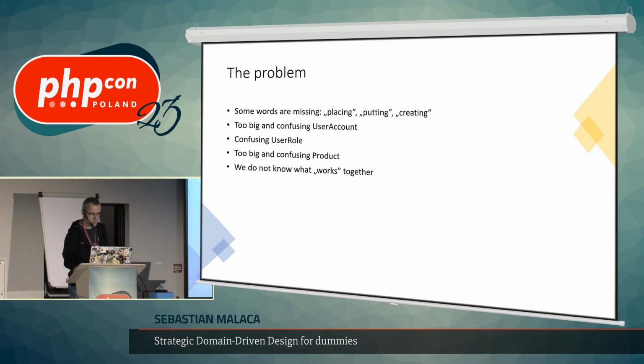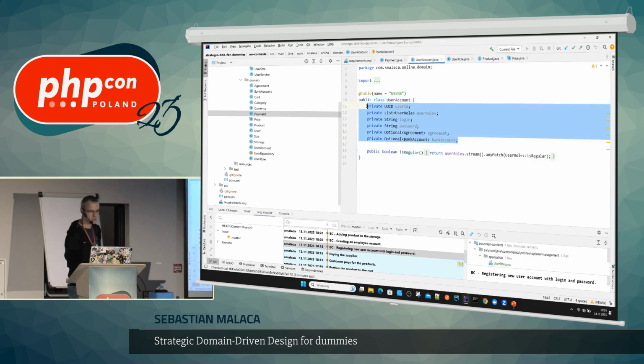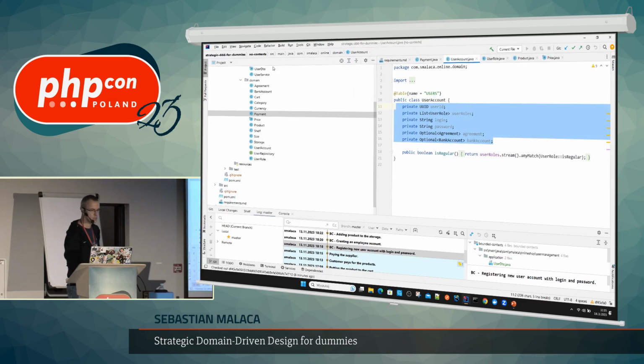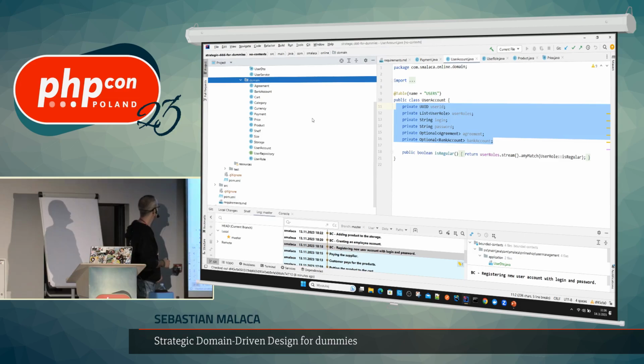And the last, we do not know what works together. So I just explained that on the level of product. I just explained that on the level of user account. But if we take a look at our domain, still no clue. And someone can ask, okay, why are agreement and product category in the same place? How does agreement interact with the product category?